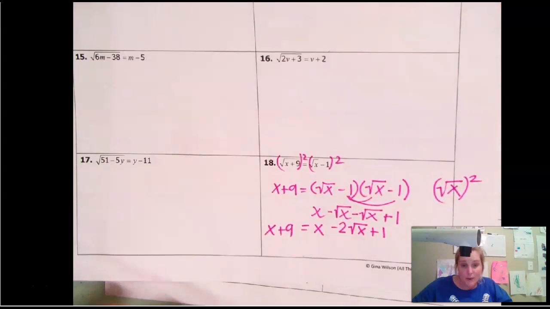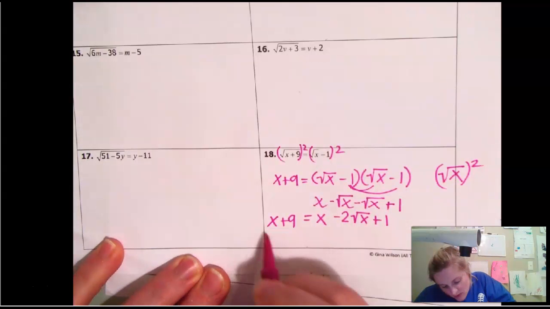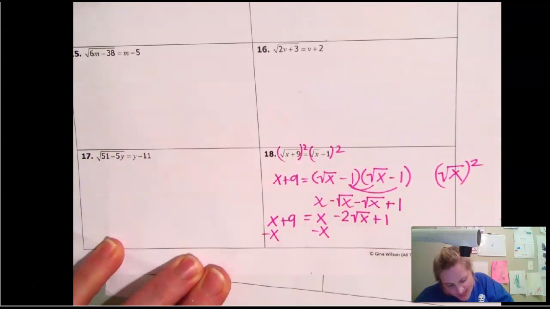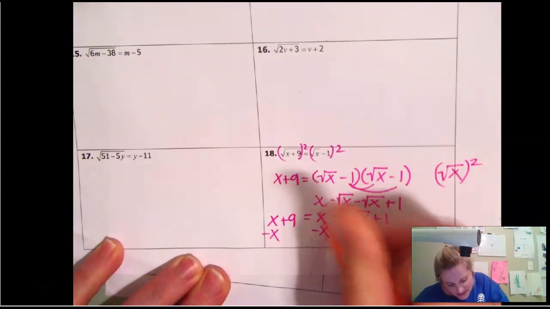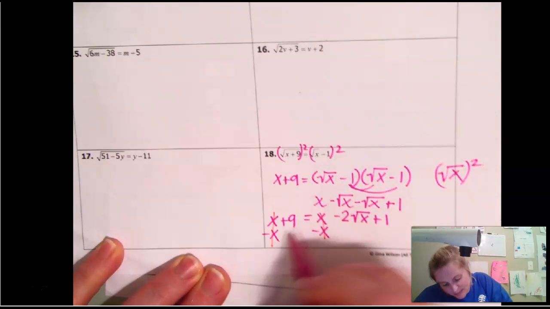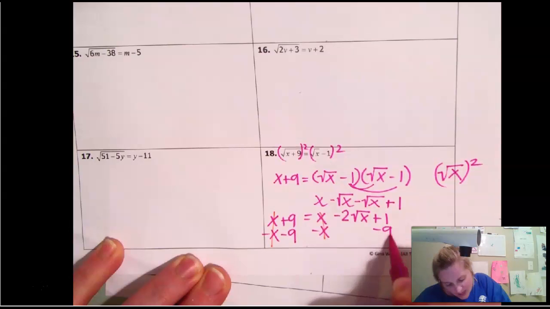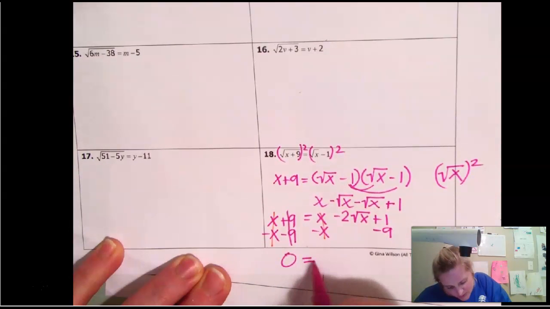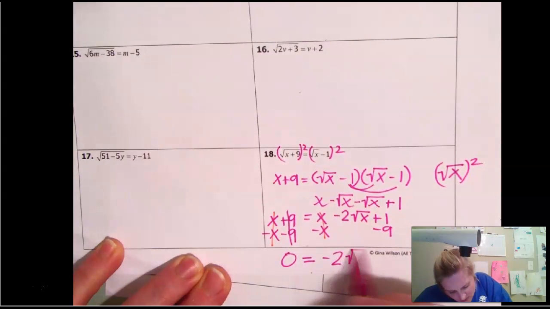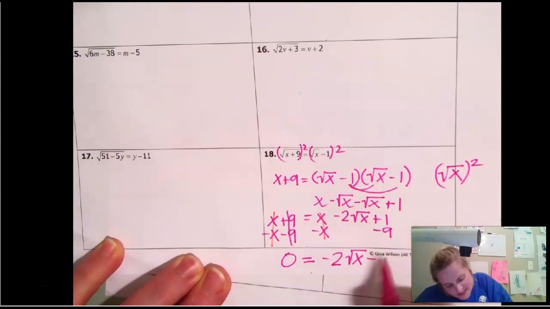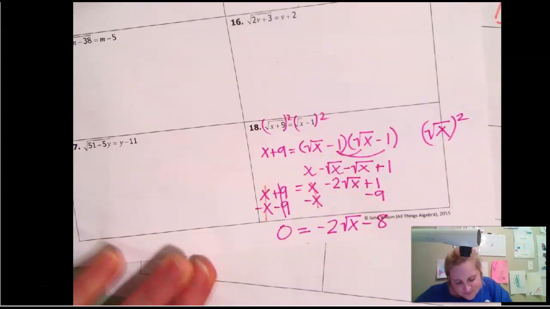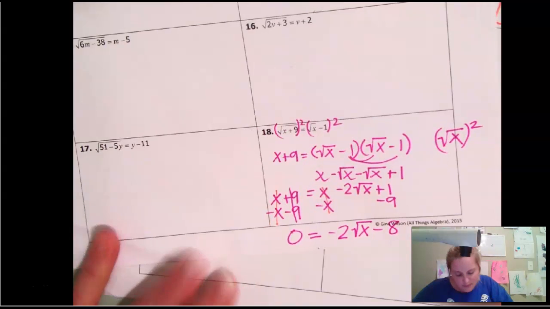So then I'm going to bring this x over and join it with the other x, which you can see cancels out. I'm going to subtract my 9. Okay, that cancels out. So 0 equals -2 square root of x minus 8. And actually that was dumb. I should not have done it that way, but whatever, I already did it.